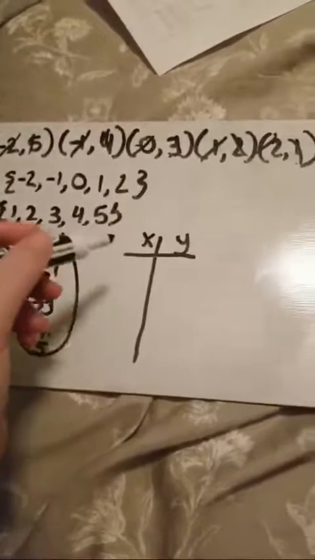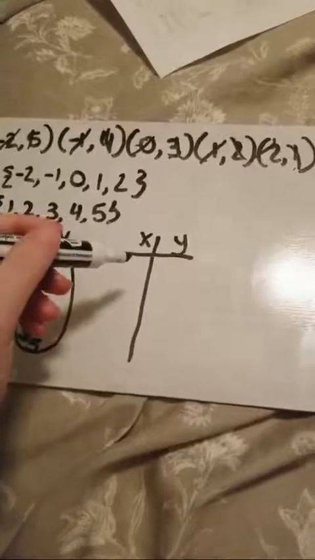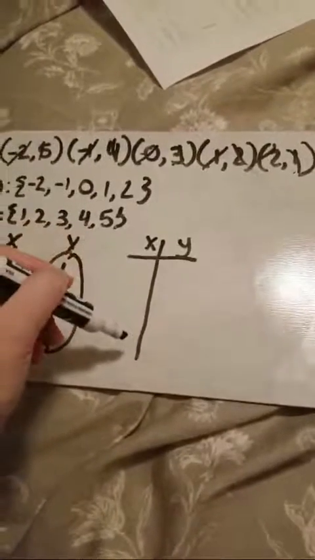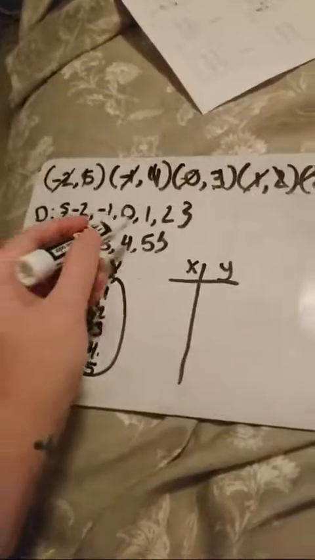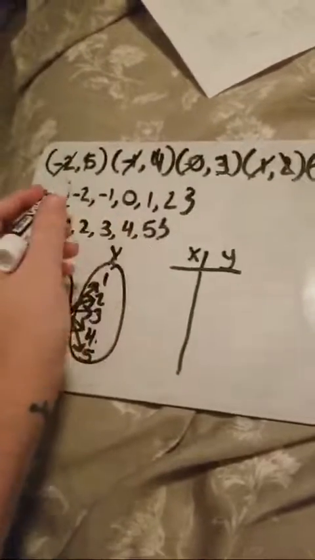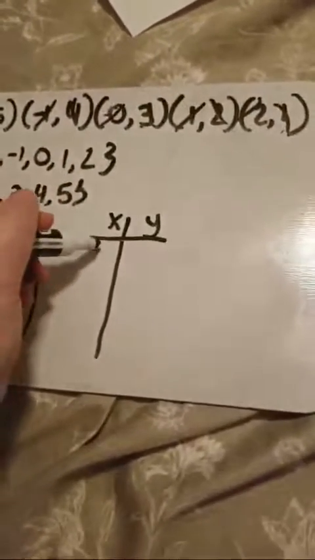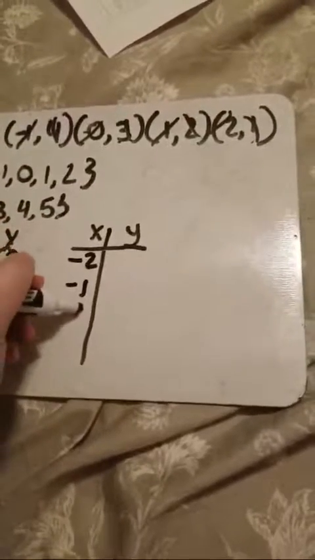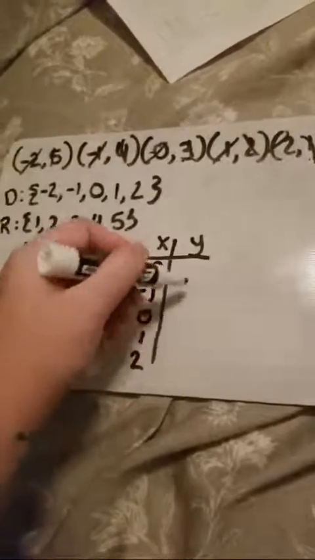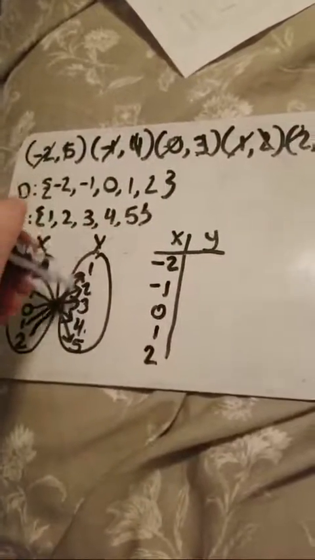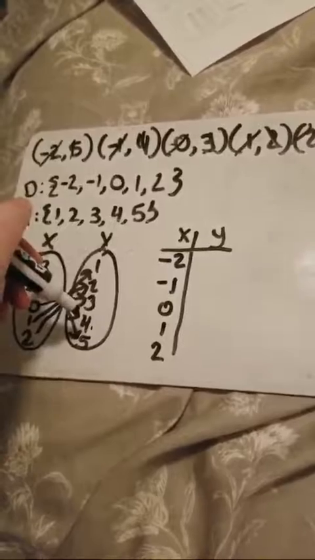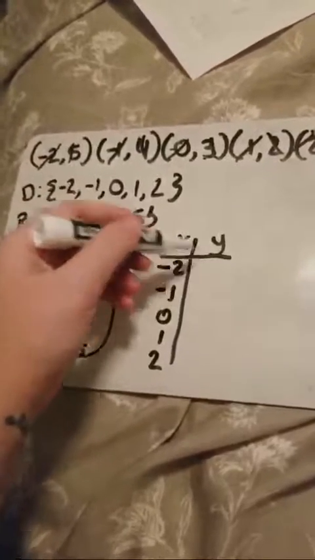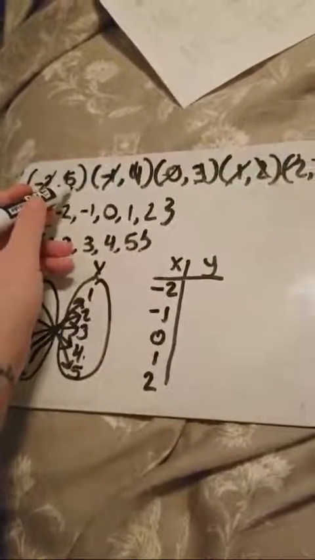Okay, so now, because mathematicians are evil, we only have to put the x's in order. We already have our x's in order up here, so we're going to put -2, -1, 0, 1, and 2. And now, instead of putting the y's in order like we did on the circle things called maps, we're going to put them with what the original value is with.